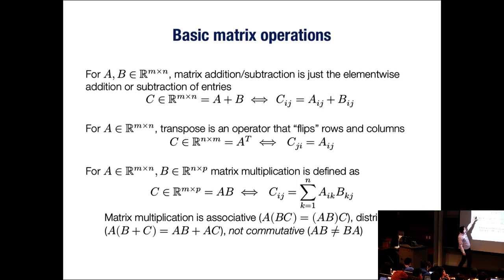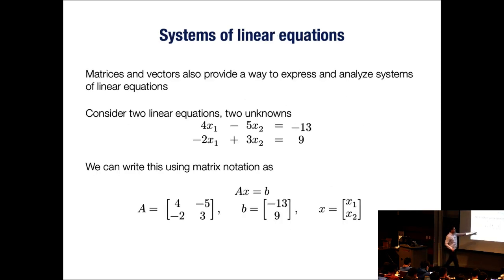The next thing we're going to think about is the transpose operator. The transpose swaps the rows and columns of a matrix. So for this matrix, which is square, the diagonal entries don't change, but the transpose would flip these two elements here.